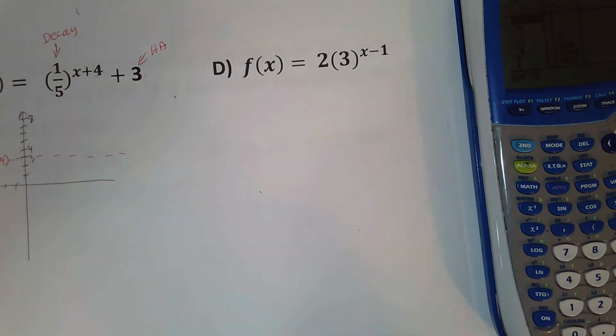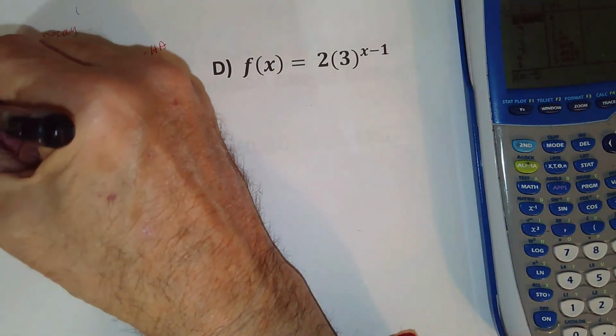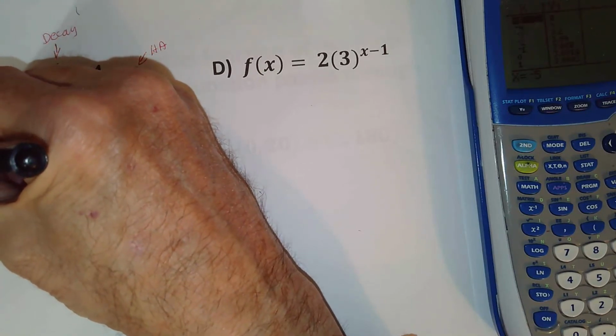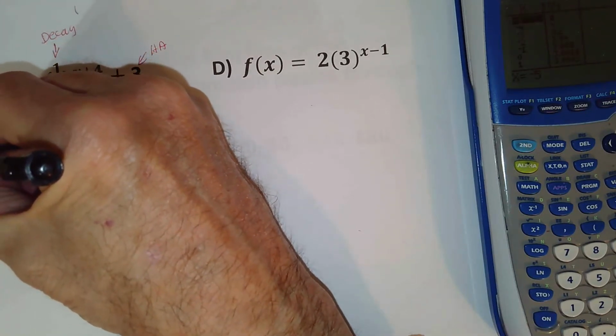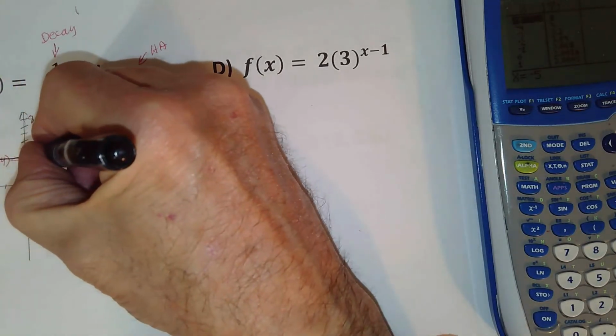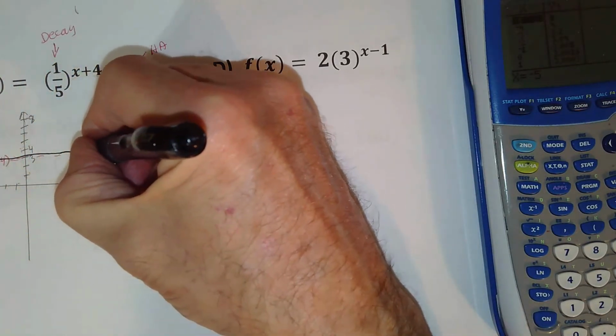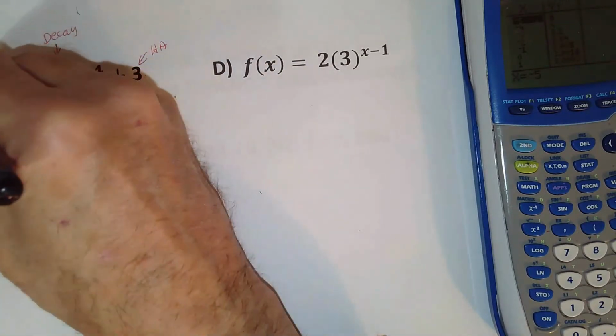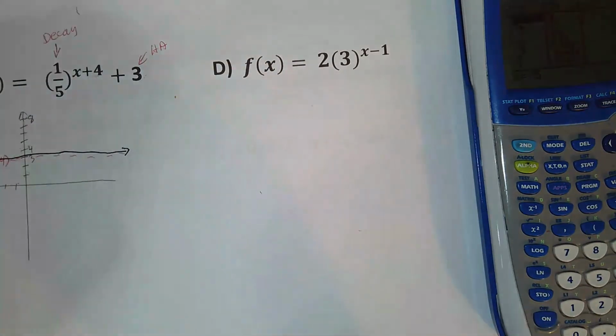So I will kind of sketch in here. And so then it just rapidly gets closer and closer and closer, right? Just above the horizontal asymptote. So I've just been able to graph this with that little information that I've got.